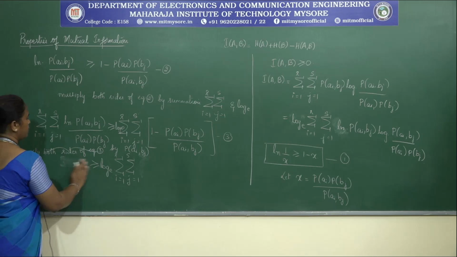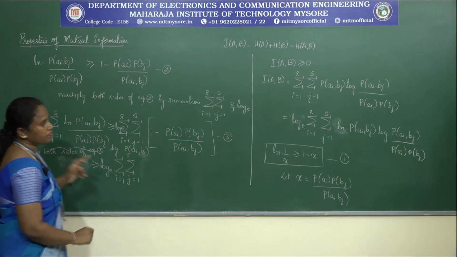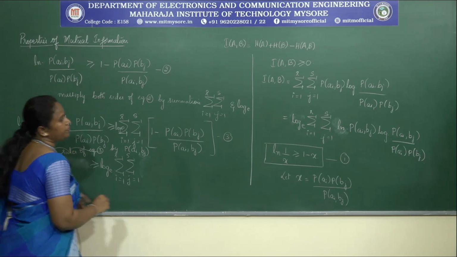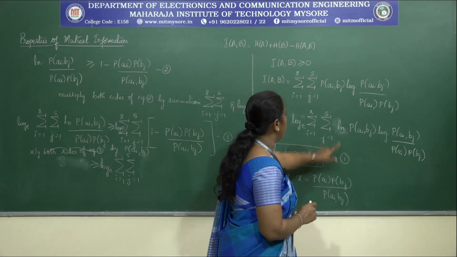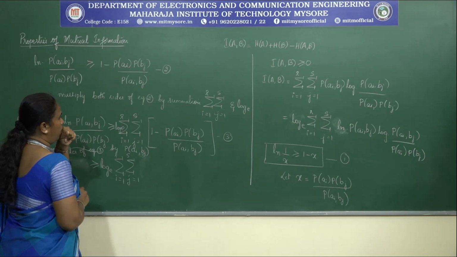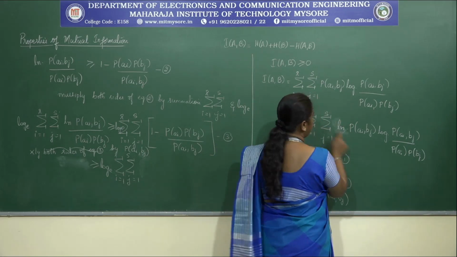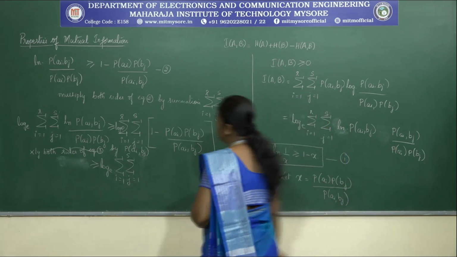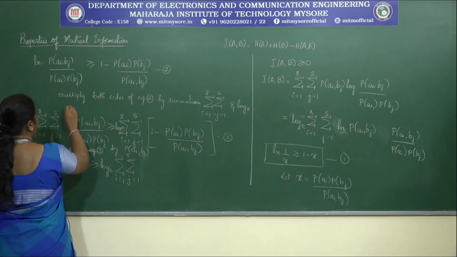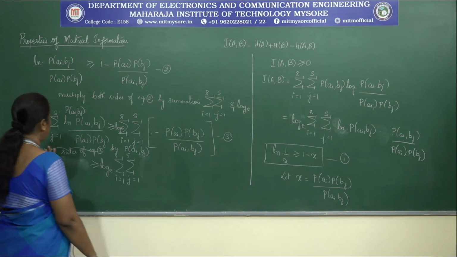So then, this will be P of ai comma bj ln of P of ai comma bj.